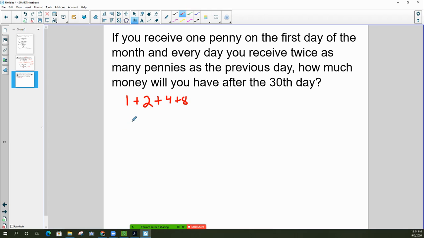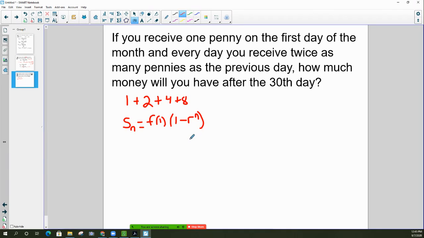And so the formula is going to be S sub n, again, the sum of n terms, is going to equal the first term, f of 1, times 1 minus r, the common ratio, raised to the nth power.